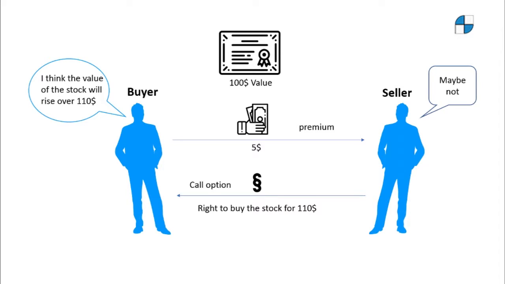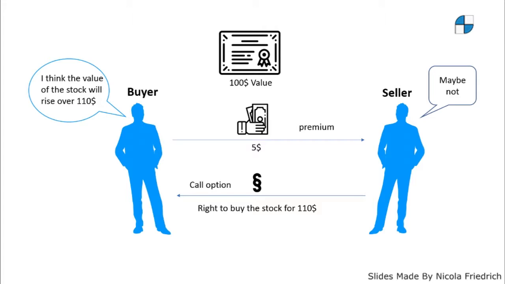So instead of buying the stock directly, he can find a seller and tell him that he wants to buy a call option. The seller is generally not bullish on the price of the stock, so he can sell the buyer the option. Let's suppose the call option entitles the buyer to the right to buy the stock at a price of 110.